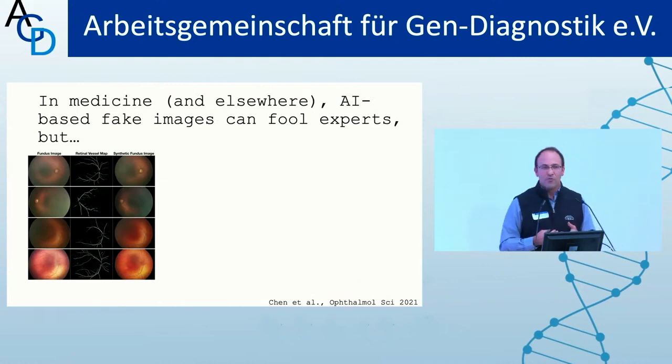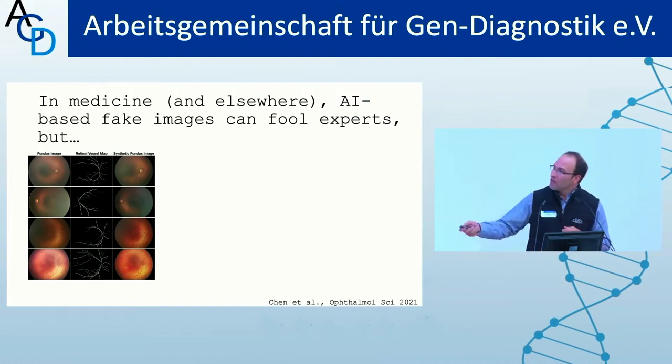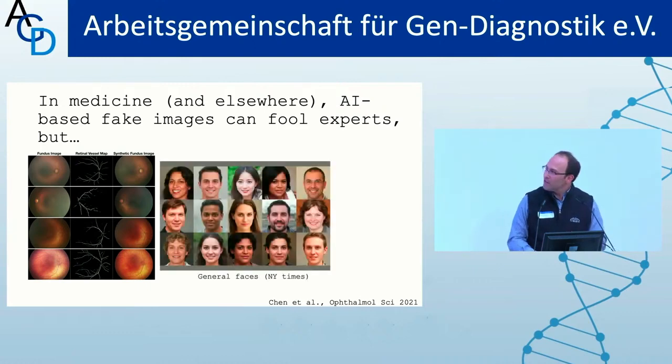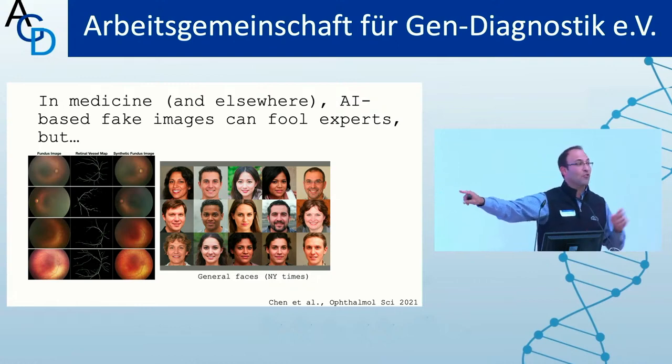Again, when you test clinicians on these, clinicians can't tell the real from the fake for the most part. Some colleagues at the National Eye Institute did this study. These are just different eyes, and ophthalmologists can't tell what's real from what's not real for these. This was a New York Times article from maybe a year or two ago. And again, I'll give you a second look at these ones, and I bet you can figure out which ones. These are all fake.